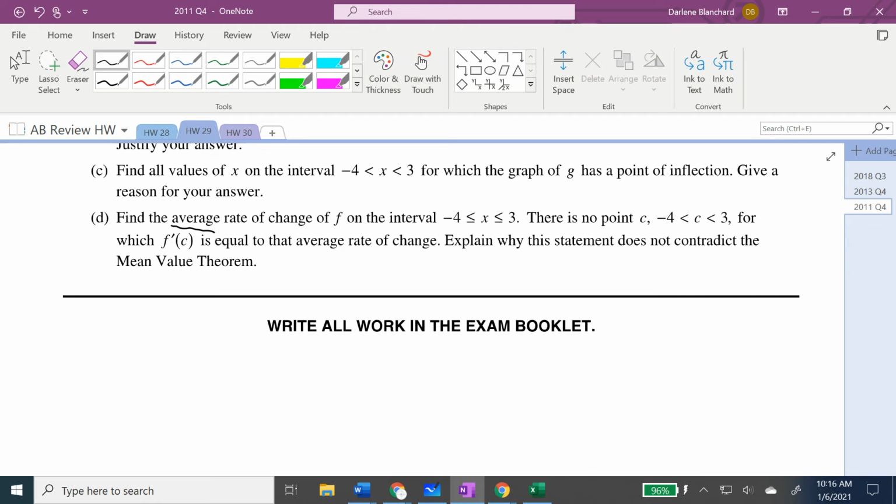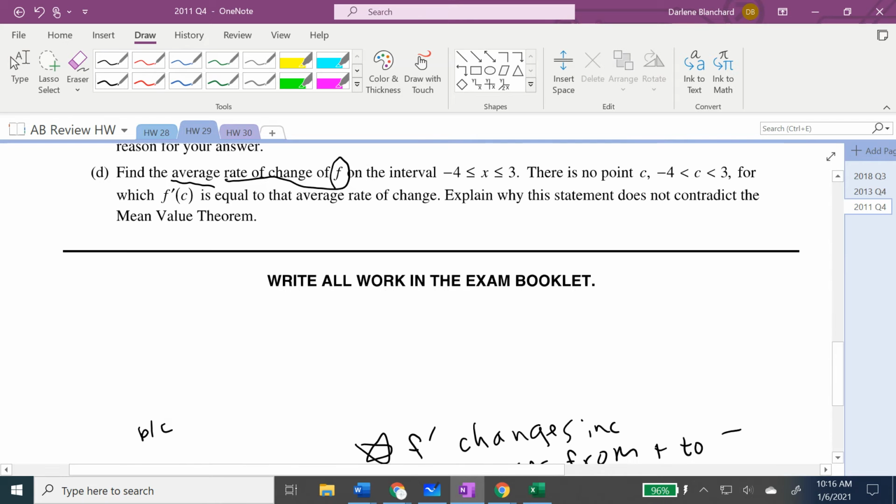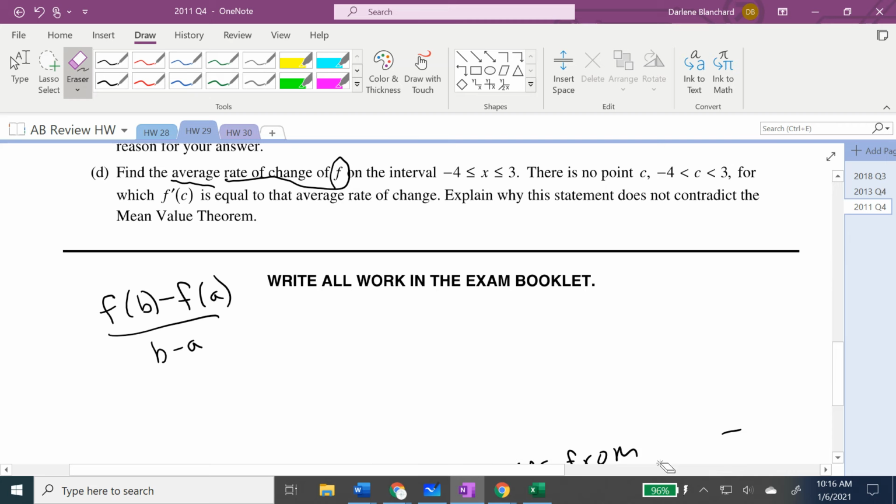So I always slow down. Find the average rate of change of f. If I'm finding average rate of change of f, if I know f, then I'm able to do f of b minus f of a over b minus a. And I'm pulling out the slope formula of change in y over change in x.